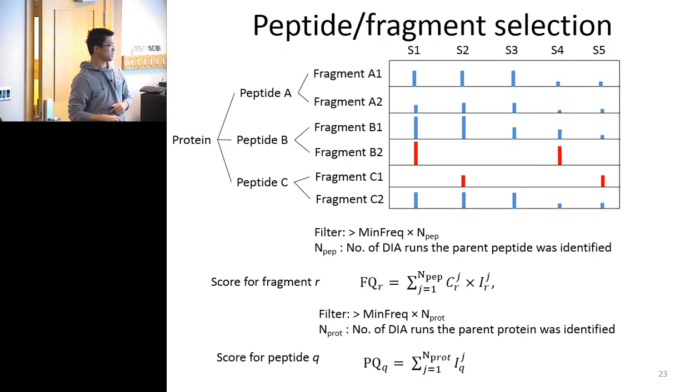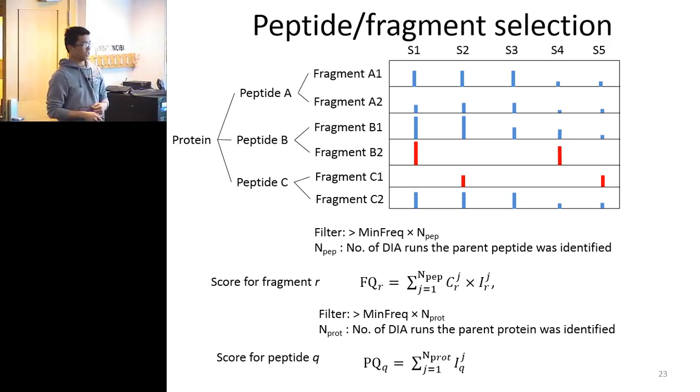So here we just incorporate that correlation and multiply by the intensity. And for the peptide selection, we simply use intensity. So basically we select higher abundant peptides and higher abundant fragments for our protein quantification.